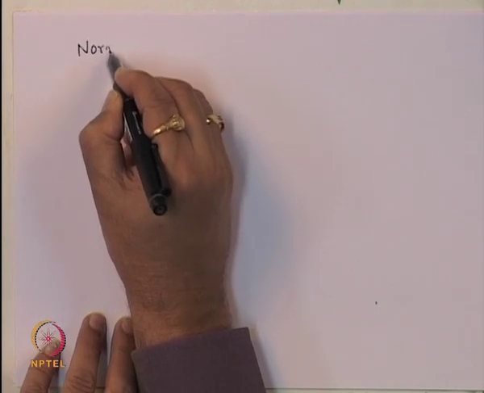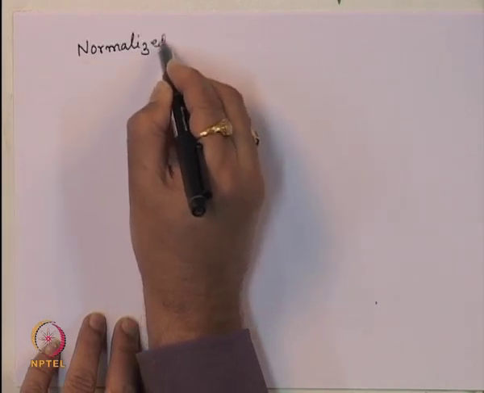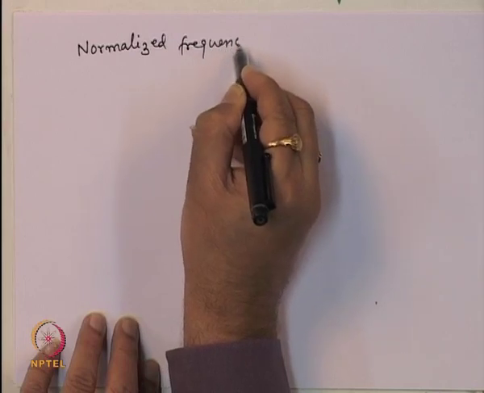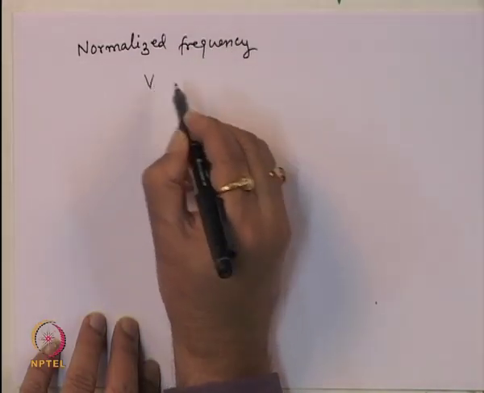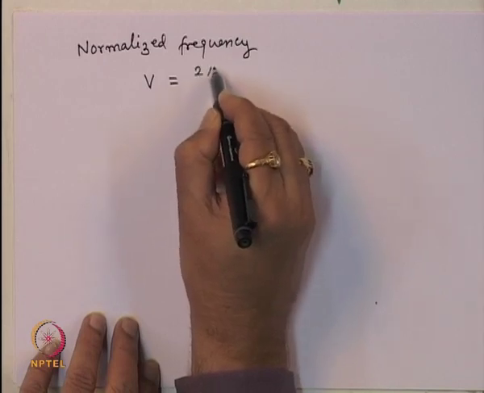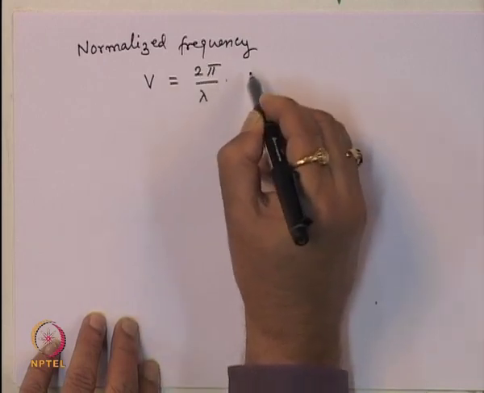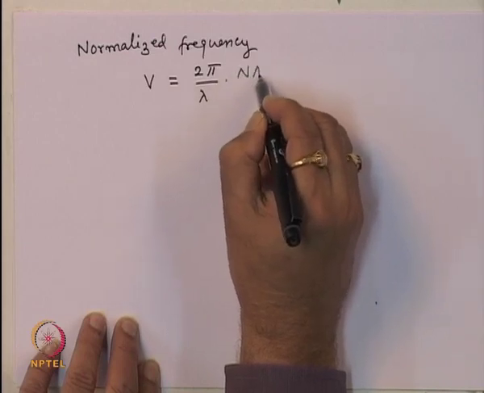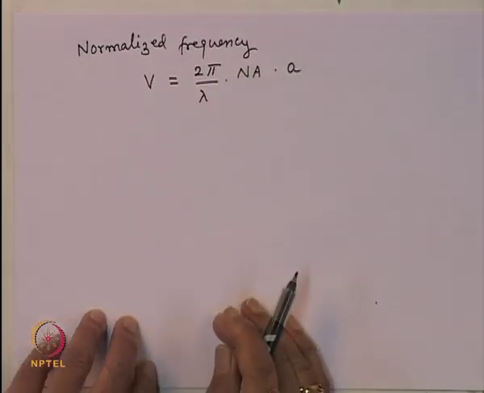Now, this problem is a very simple problem to solve. First of all, as we know, we have to find out what is the normalized frequency of this optical fiber, and normalized frequency is nothing but the V number of the optical fiber. So, we have here normalized frequency, which is the V number of the optical fiber, which we know is 2 pi by lambda into the numerical aperture multiplied by the radius of the optical fiber.